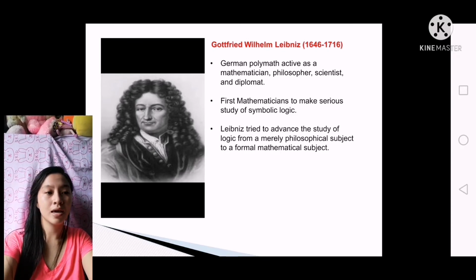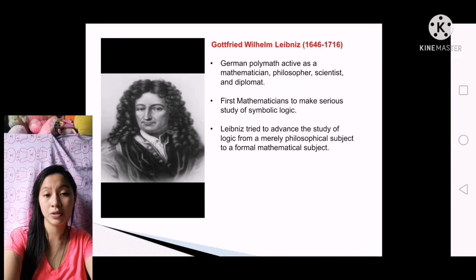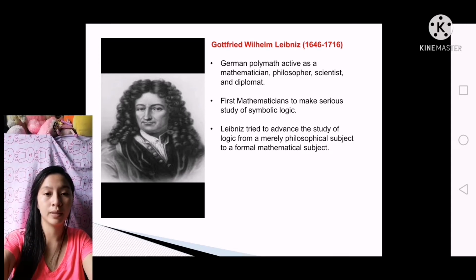He is a German polymath active as a mathematician, philosopher, scientist, and diplomat. He is the first mathematician to make a serious study of symbolic logic. Leibniz tried to advance the study of logic from a merely philosophical subject to a formal mathematical subject.